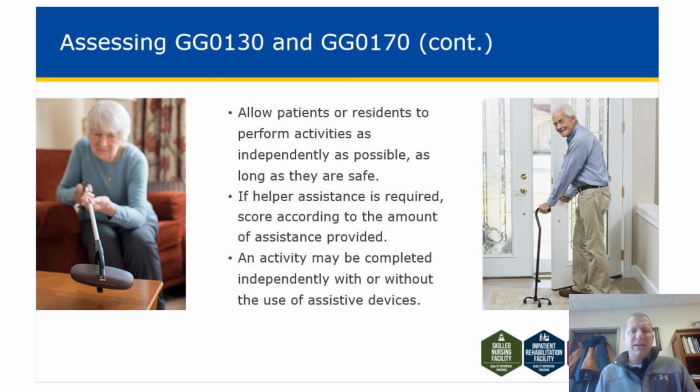Now, an update that's been done from the functional independence measure to section GG is they're saying with section GG that a patient can use an assistive device in order to be independent with a self-care skill. Okay, so if we're assessing lower body dressing, right, which just includes underwear and pants, if our client can do that independently with a reacher, then we would score them as independent.